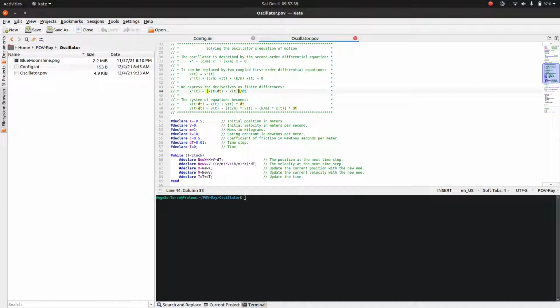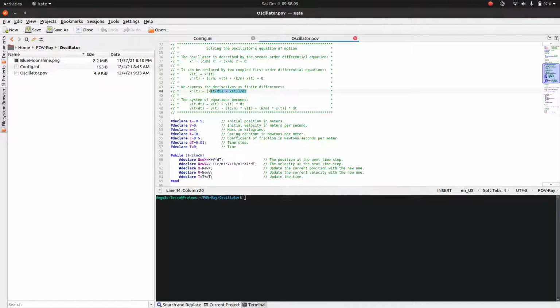Now if we take this definition of the first derivative of x and we substitute in this first differential equation, we can solve for the position at time t plus dt, and we end up with this equation.